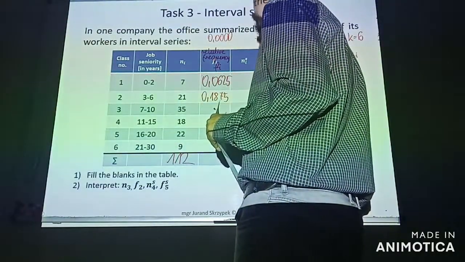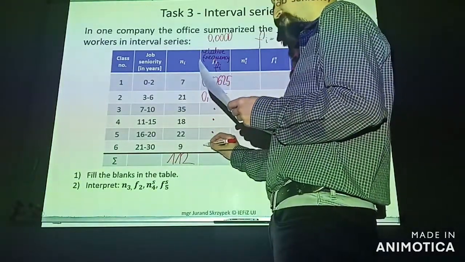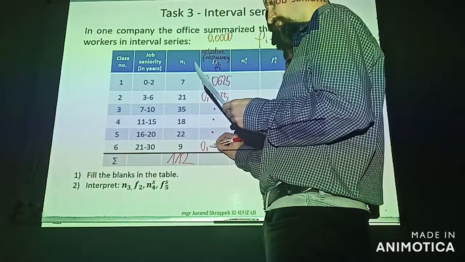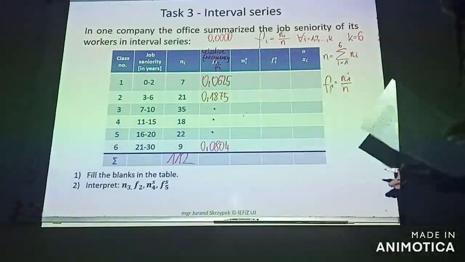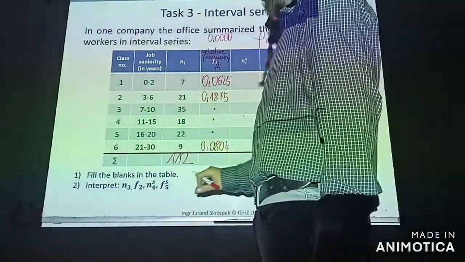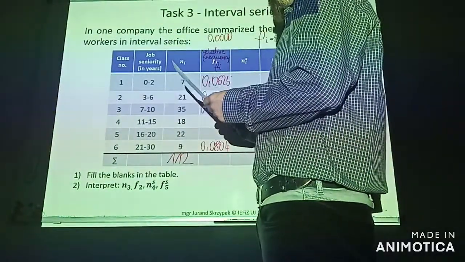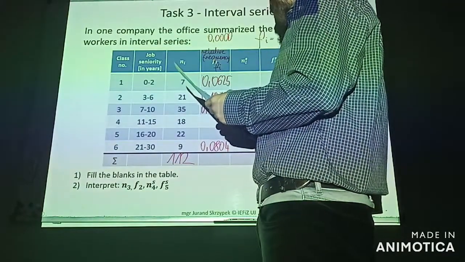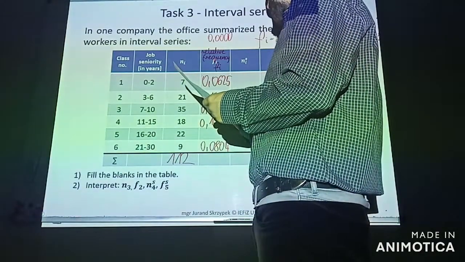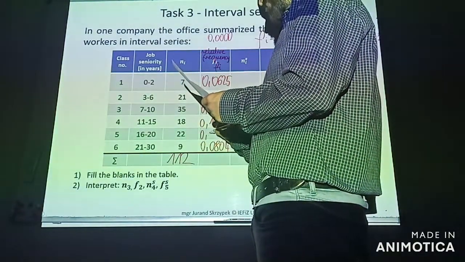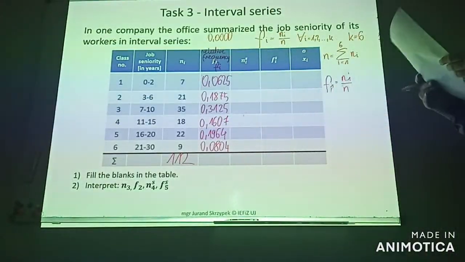And so on, and the last value is 9 divided by 112, and we have 0.0804. Okay, the command was fill the blanks in the table, so I must be consequent.